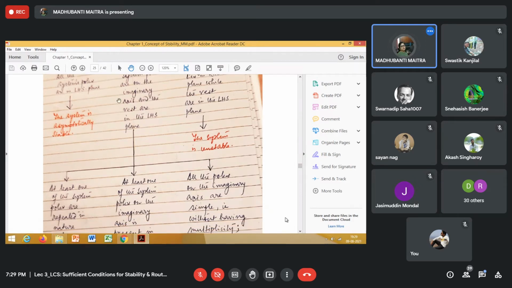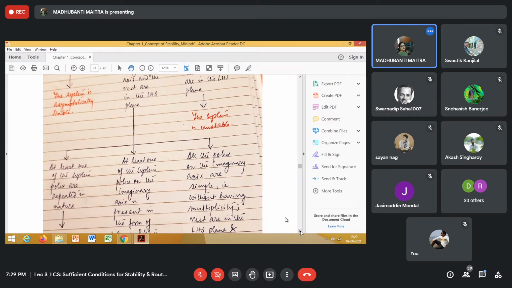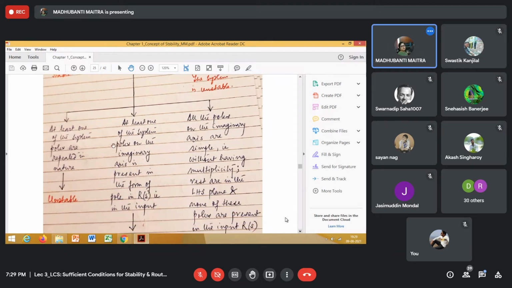If we face such a situation, then there could be three cases. At least one of the system poles on the imaginary axis is repeated in nature. If the system poles on the imaginary axis are repeated in nature, we know that the response term will go on increasing towards infinity, and hence the system is unstable. That is the conclusion.